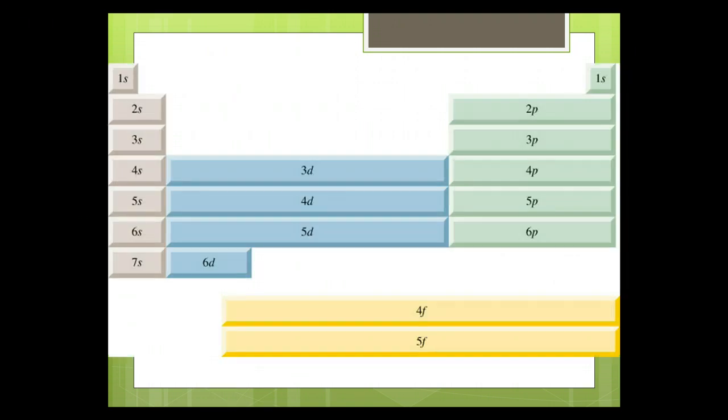So the periodic table, interestingly enough, is laid out by these s and p blocks. If you notice here, I've got a funny looking periodic table. It doesn't have any of the elements in there, but it has the s block marked and the p block marked, the d block and the f block.